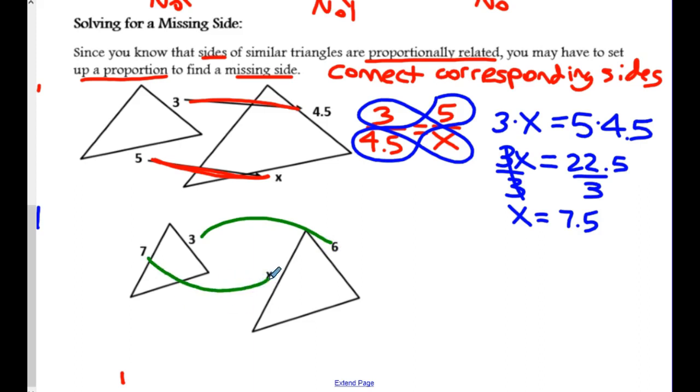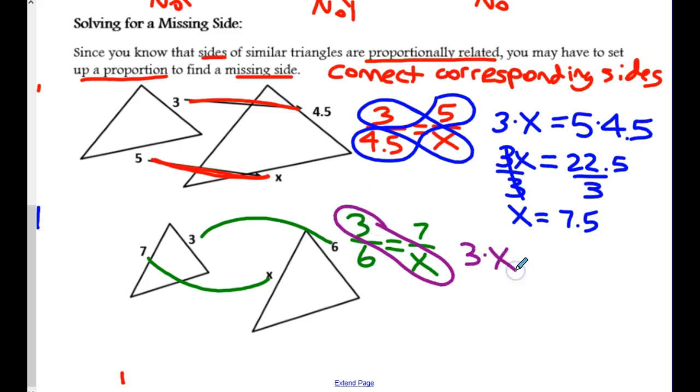Okay? 3 over 6 equals what over what? 7 over x. Once you set them up, cross multiply and divide. So 3 times x equal sign 7 times 6.